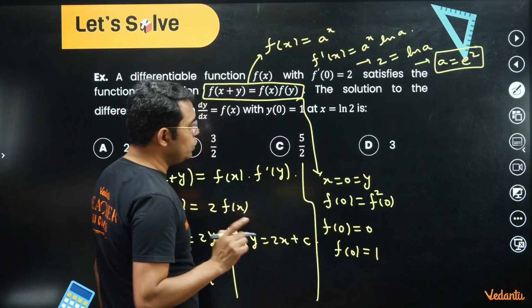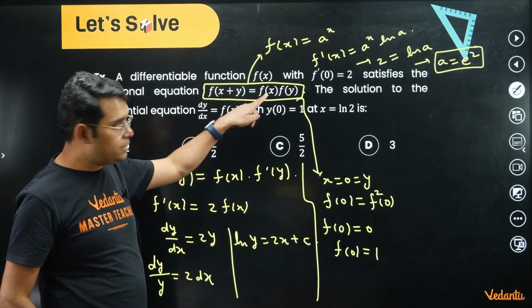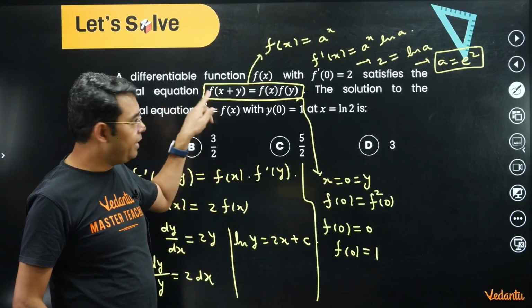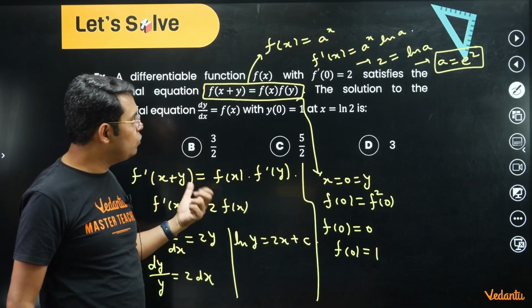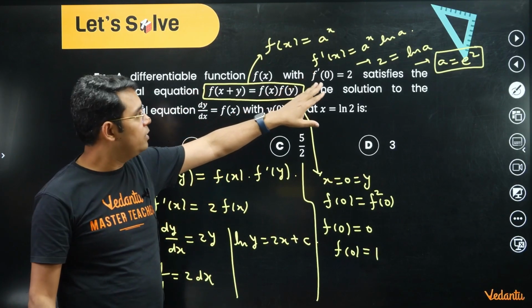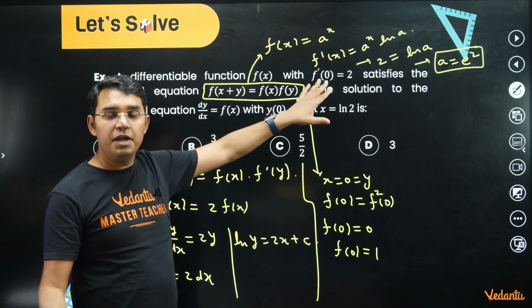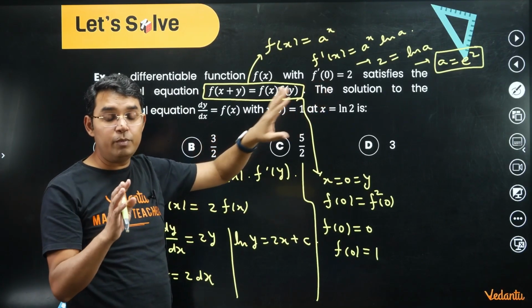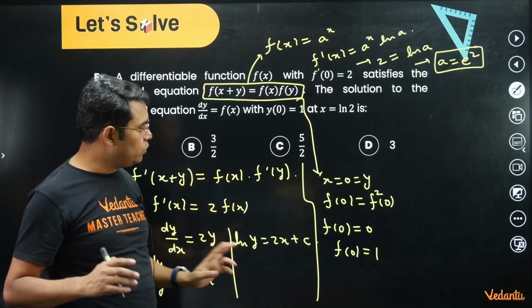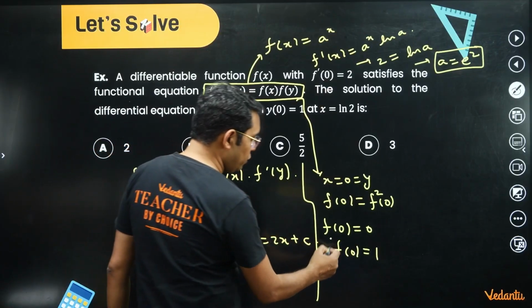But if f of 0 is 0, then taking x as 0, for all values of y this function will become 0 throughout. So f dash cannot be 2, because f dash 2 means it should be a variable function, a function that is not constant actually. So we will be going with f0 is equal to 1.